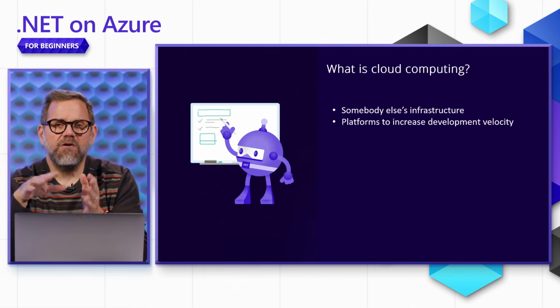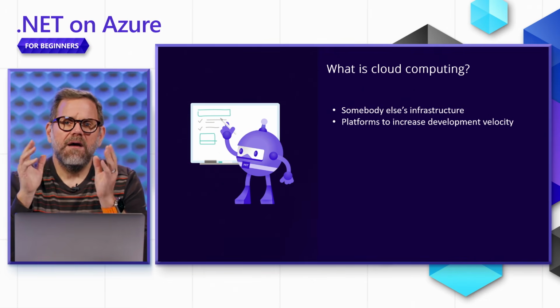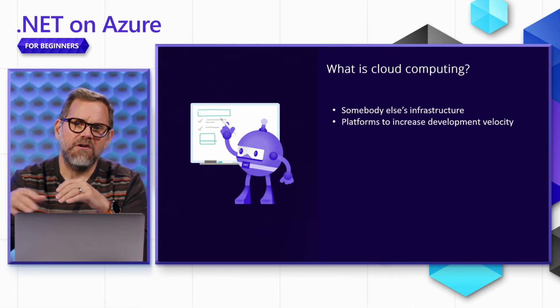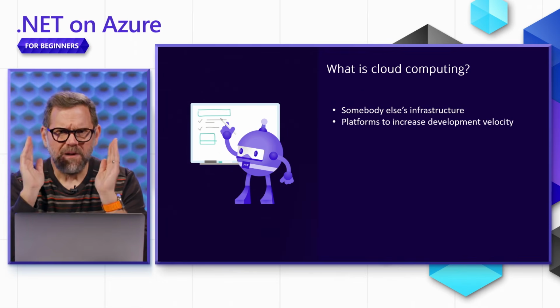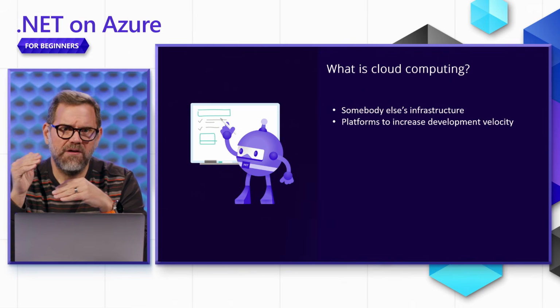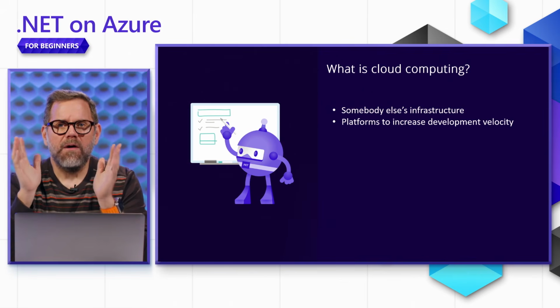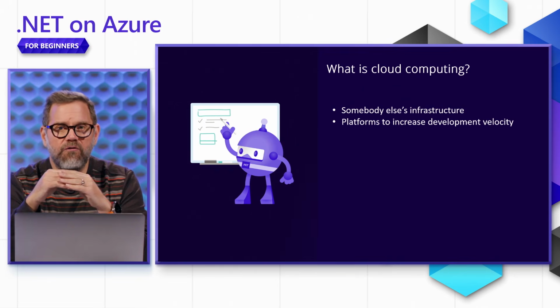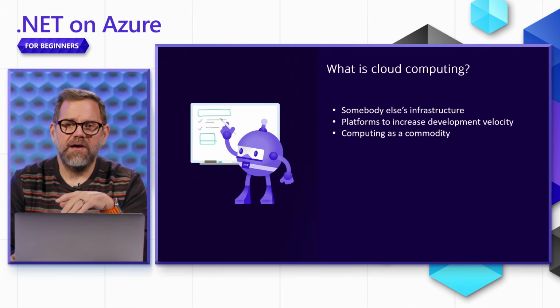The platforms to increase your velocity become Azure Functions or Azure Container Apps. And later on in the series, we'll get to what those mean. But they give you essentially shortcuts to start developing more complex applications. And Azure handles all of the infrastructure and a lot of the code for you. But we'll talk about those in due time.